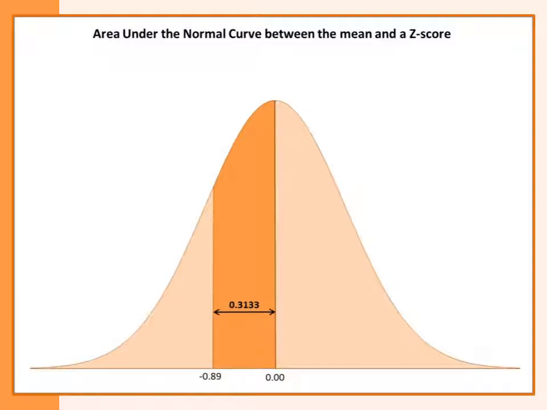Drawing our normal curve, we see the value of -0.89 falls a little further away from the mean than our previous example, and the darkened portion of the curve indicates that 0.3133 proportion of the curve falls between 0 and a z-score of -0.89, or about 31% of the area under the curve.